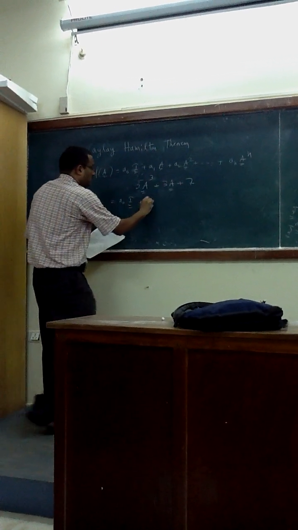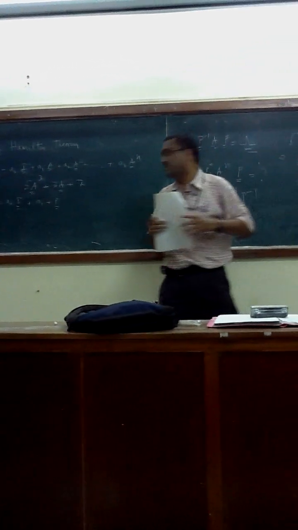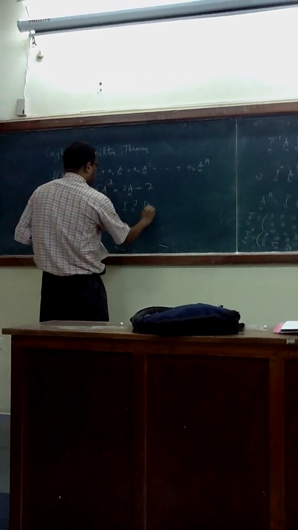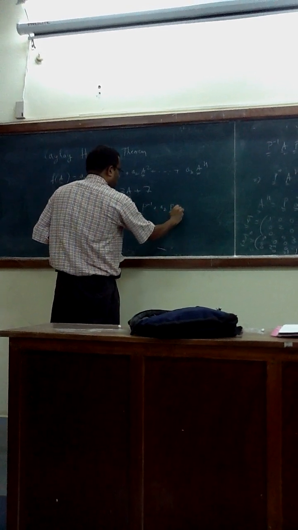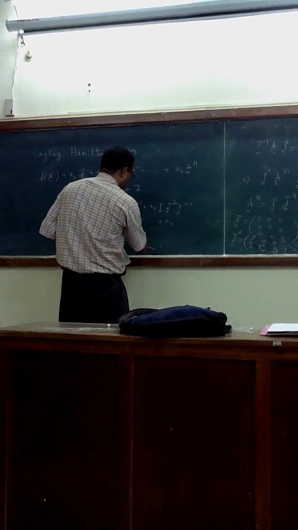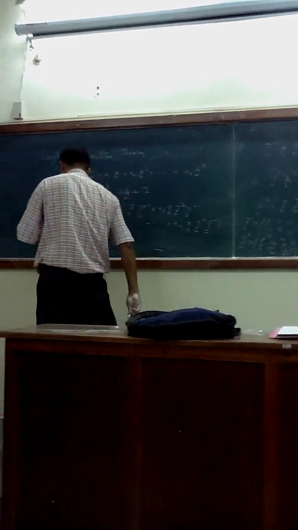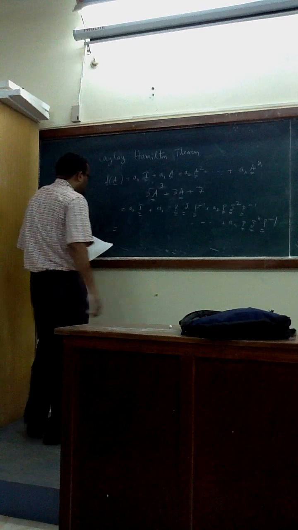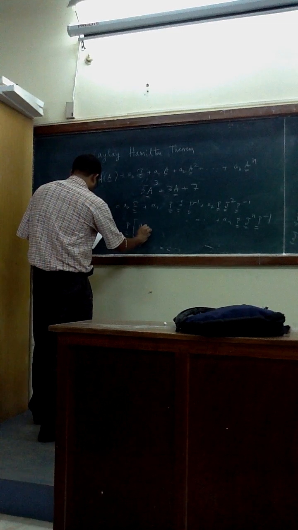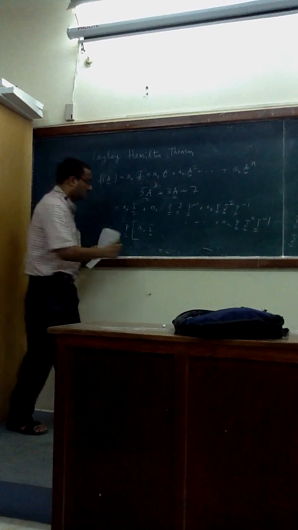A0 I, A1 P J P inverse, A2 P J square P inverse, plus and so on, An P J to the power n P inverse. Then what can you write? You can take P common: A0 I. Why can I write like this?